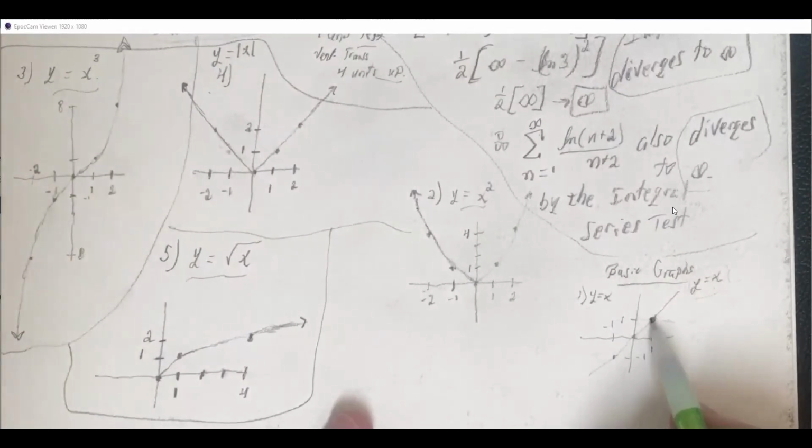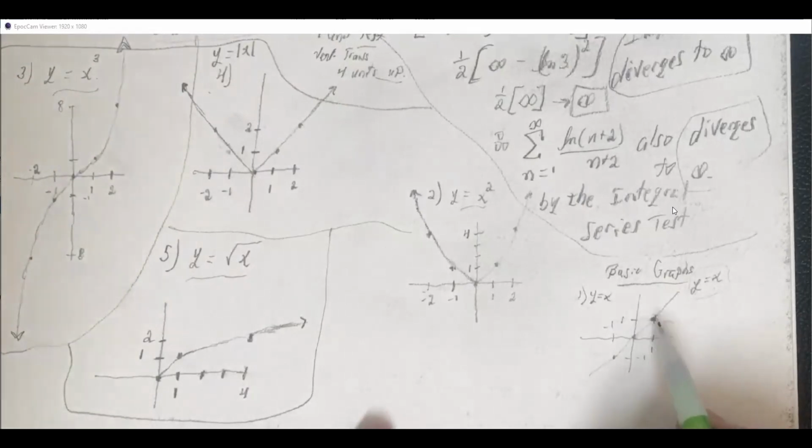It's either a horizontal stretch away, meaning further away from the y-axis, or a horizontal compression or shrink, which means the distance from the point on the line to the y-axis becomes a fraction of what it was before.